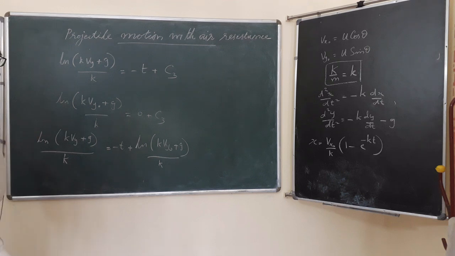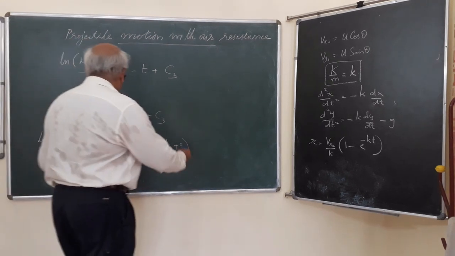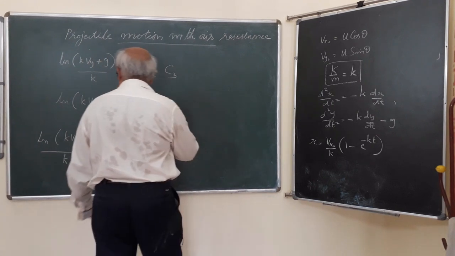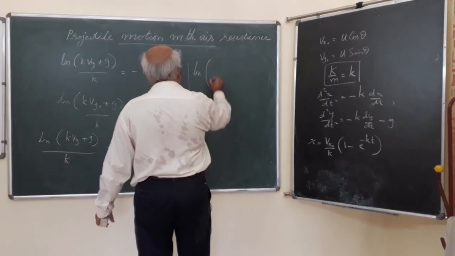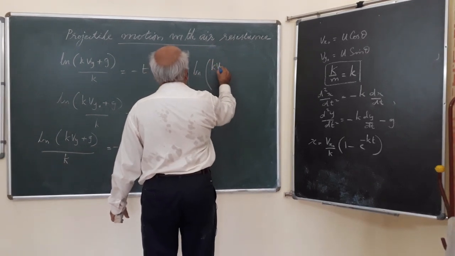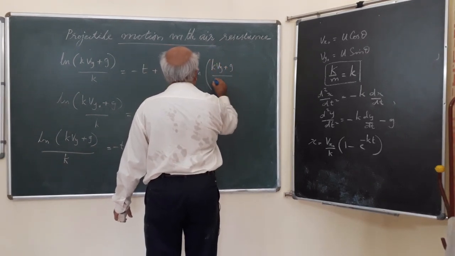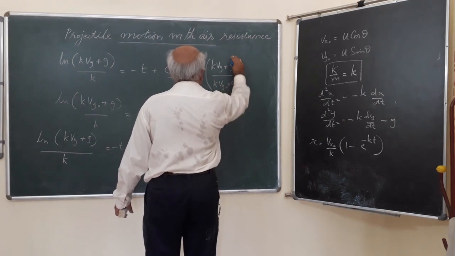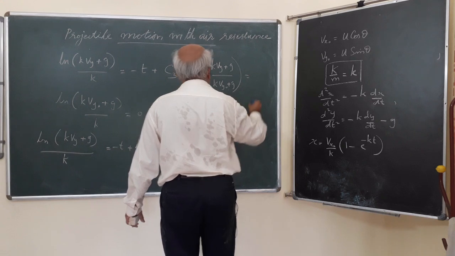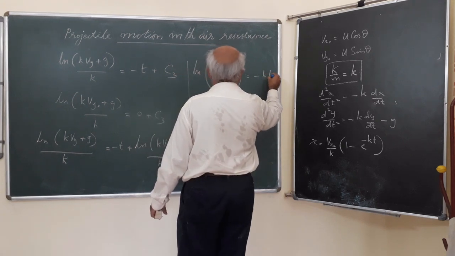First we multiply throughout with k and then take the second term on the right hand side to the left. We get ln of kVy plus g divided by kVy0 plus g is equal to minus kt.